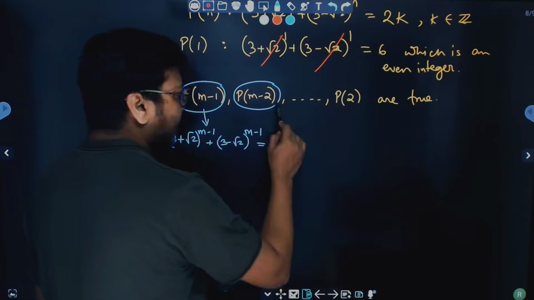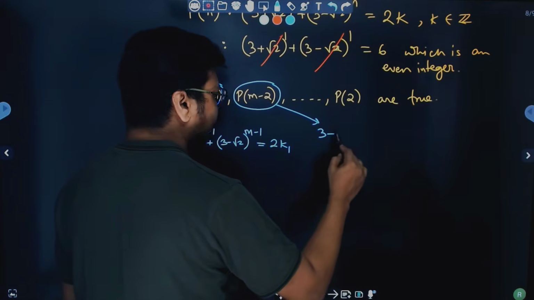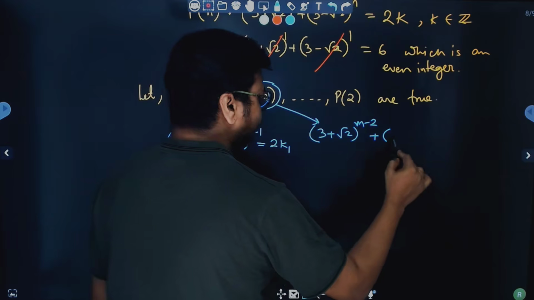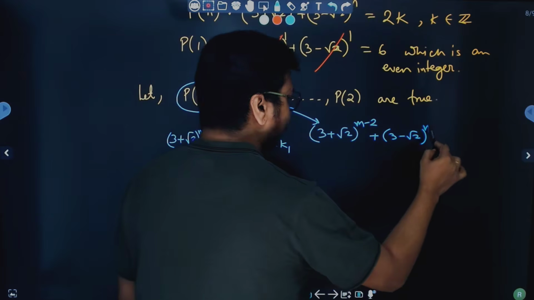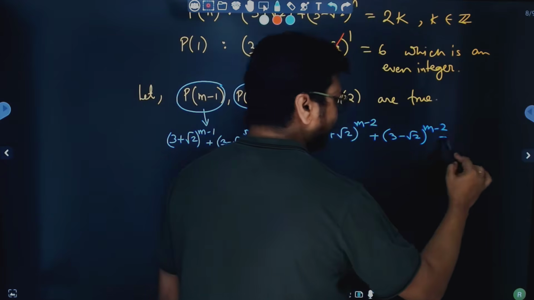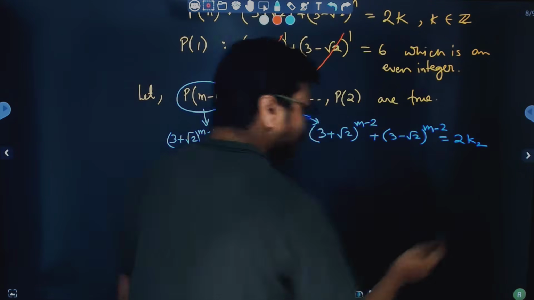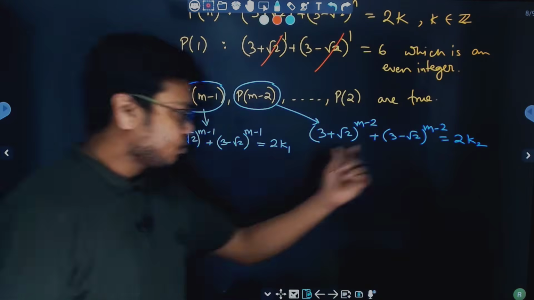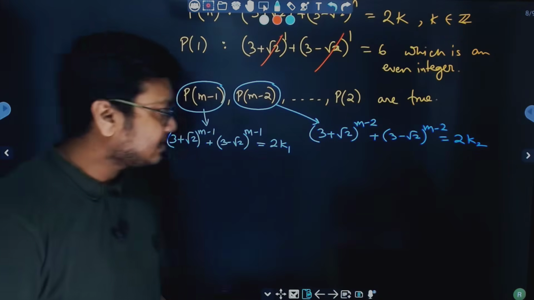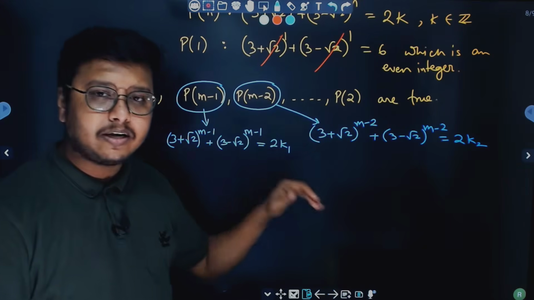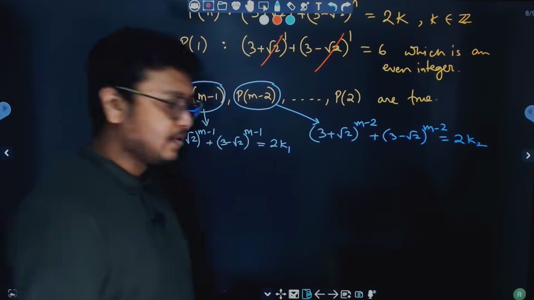Similarly, P of m minus 2 is (3 plus root 2) to the power m minus 2 plus (3 minus root 2) to the power m minus 2, which equals some even integer, let's say 2 times k2, where k2 is some integer, and so on. I'm writing this just for your benefit so that I can refer to these equations.